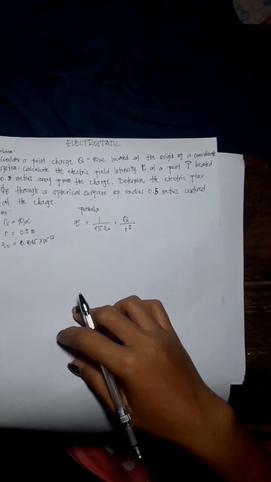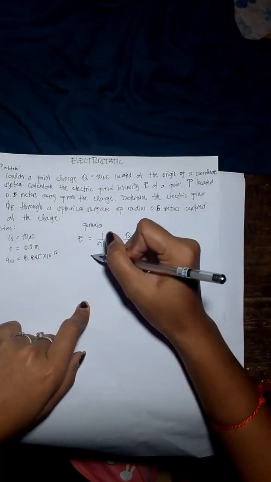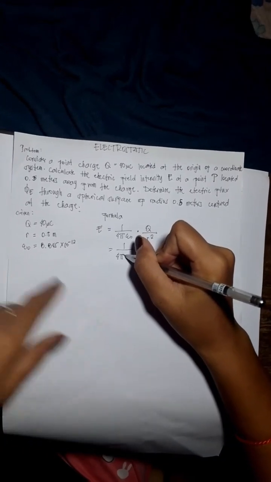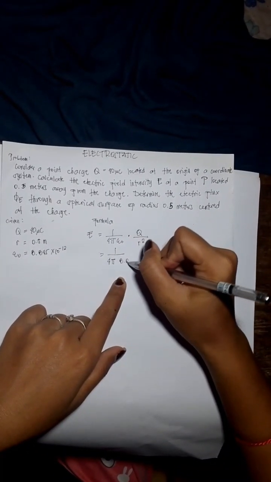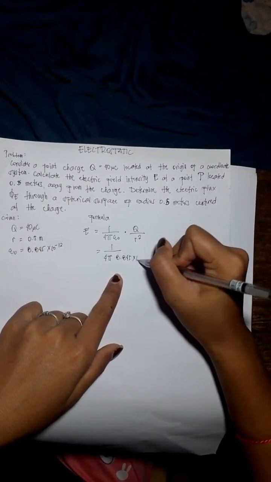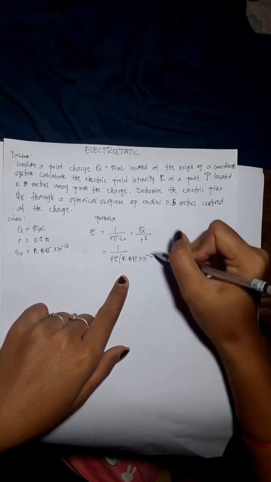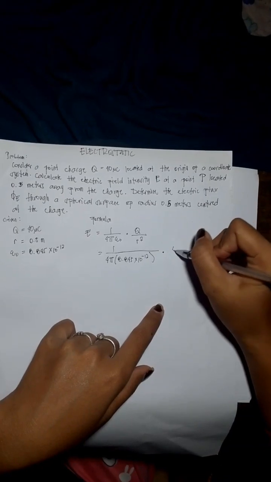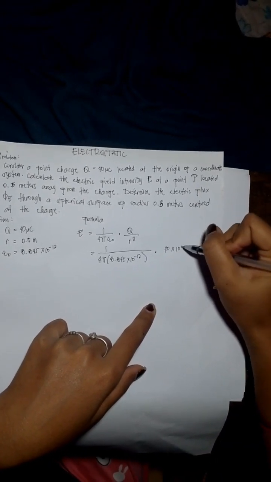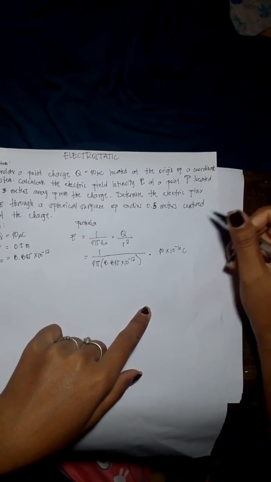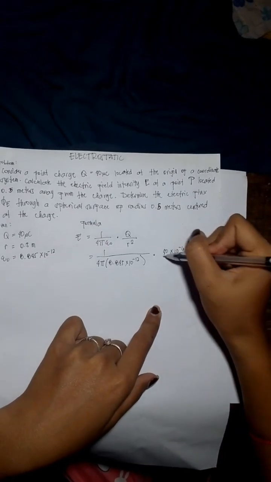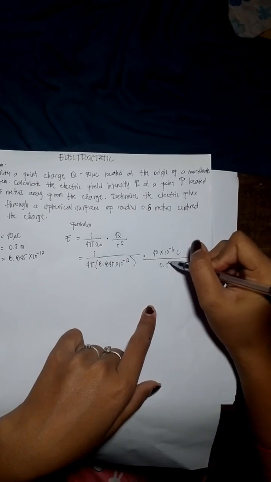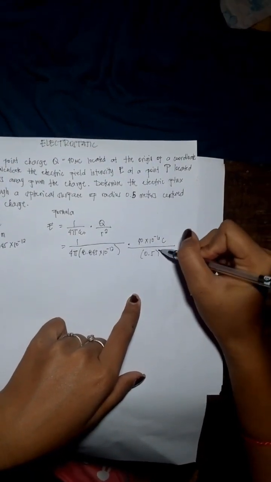Using the given, let's substitute into the formula. 1 over 4 times pi times our epsilon 0, 8.845 times 10 to the negative 12, times our charge, 40 microcoulomb, that is 40 times 10 to the negative 6 coulomb, over our radius, 0.5 squared meter.